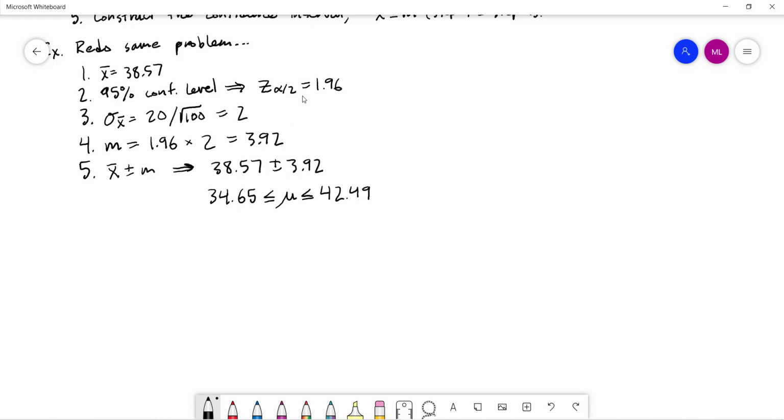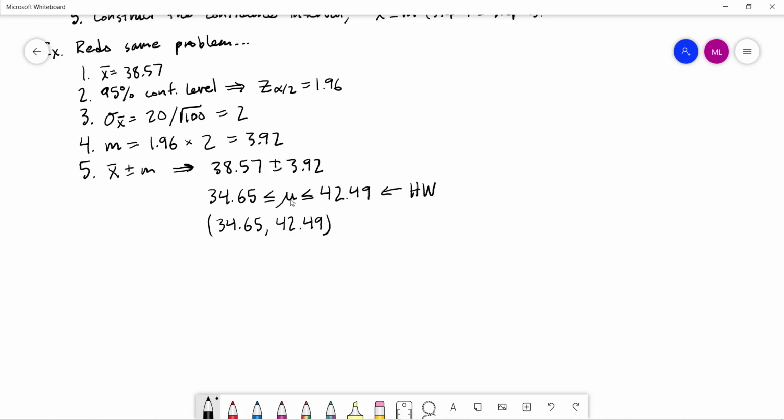Or you may also see it written in interval notation, which just uses parentheses and writes it like this, 34.65, comma, 42.49. I believe this is going to be the form that most of your homework problems will require. It will require you to actually evaluate the addition and the subtraction and enter in the two values that mu has to fall in between.